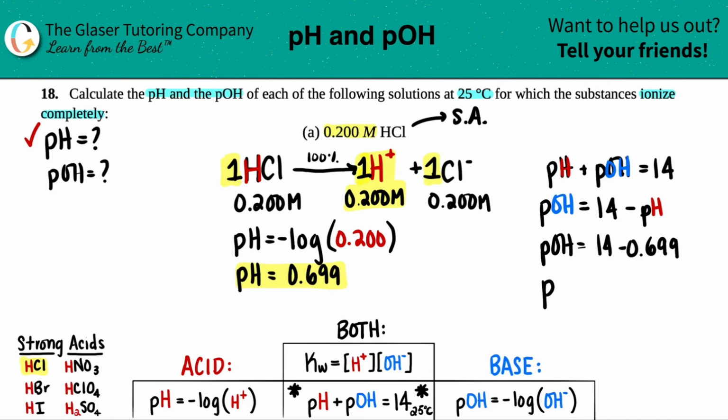And let's see what that gives us. pOH equals, drum roll please, 14 minus 0.699. And I get 13.301. And there we go. No units, and we're done. Since the pH is so low, that's how you know it's acidic. So acidic. You don't want to get this stuff on your hands.